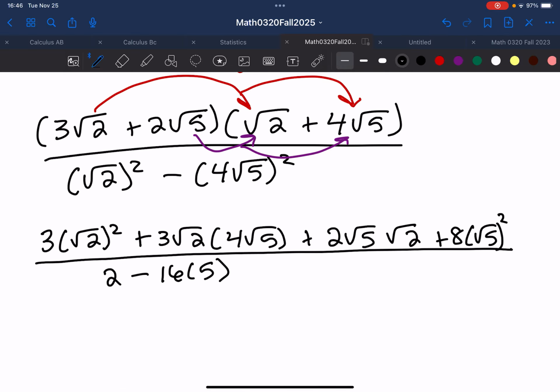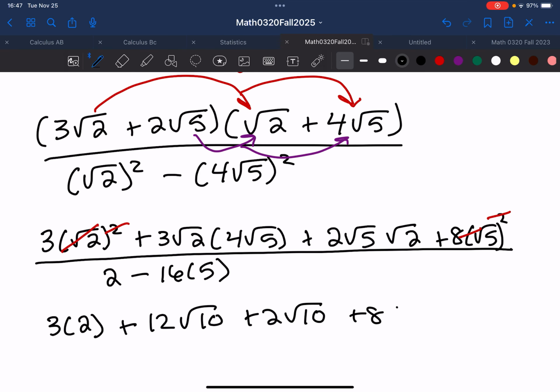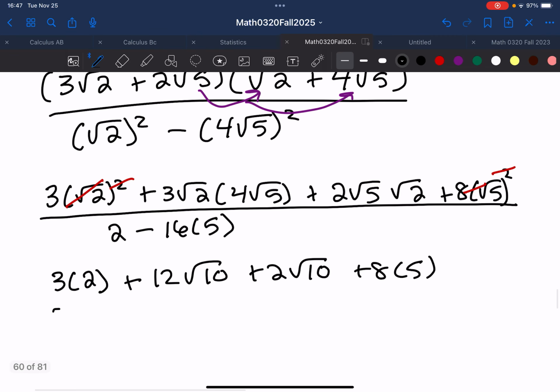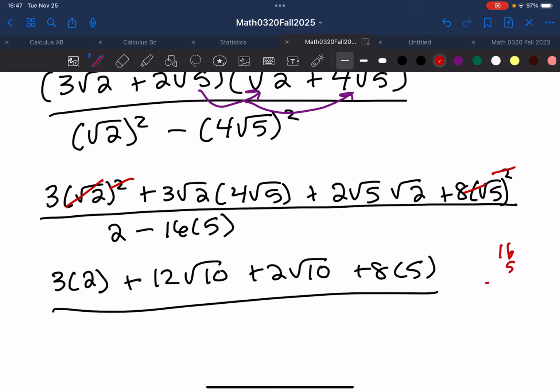Okay, so simplifying everything, this is going to go away, and then this is going to go away. So I have 3 times 2 plus, I do 3 times 4 is 12, and then square root of 2 and square root of 5 is square root of 10, plus 2 square roots of 10, plus 8 times 5, all over 16 times 5, let me check off to the side, is 80.